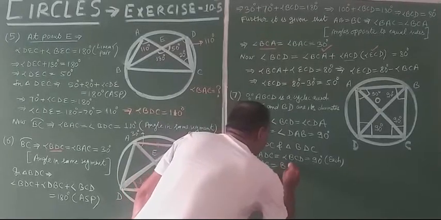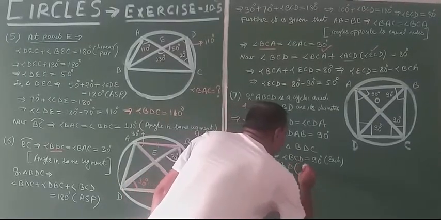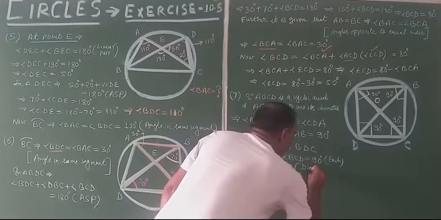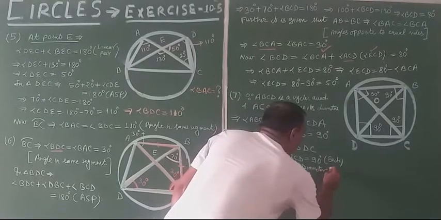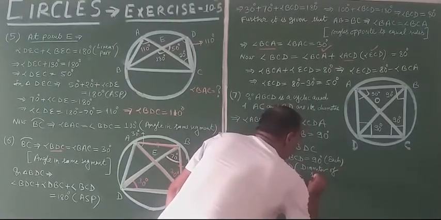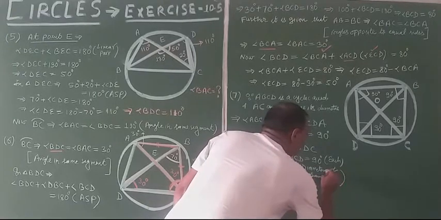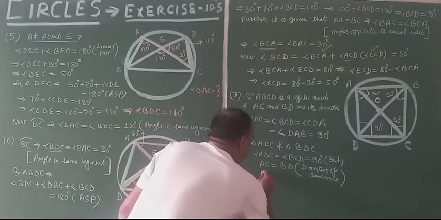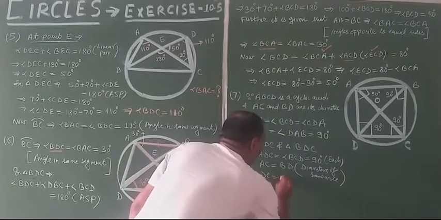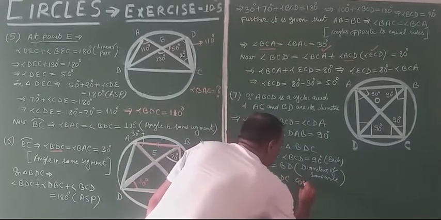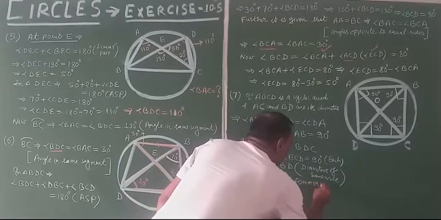AC will be equal to BD because they are diameters of the same circle. And the third thing, DC is equal to DC, which is the common side.